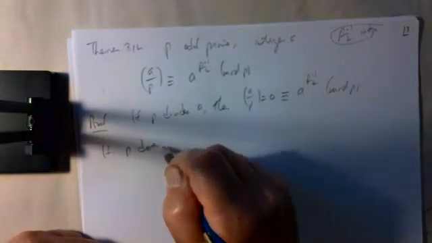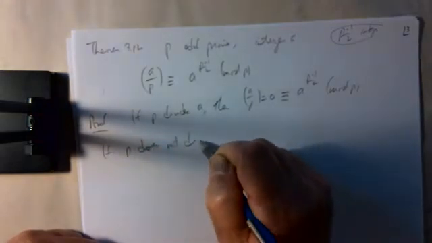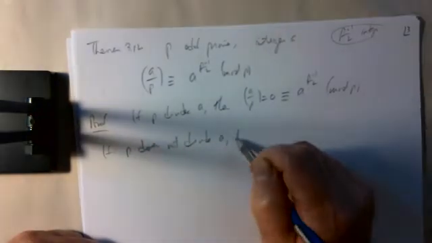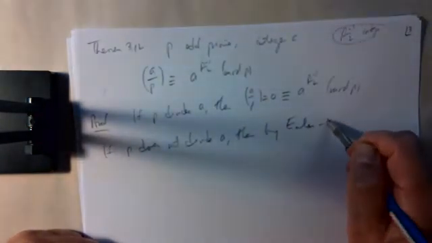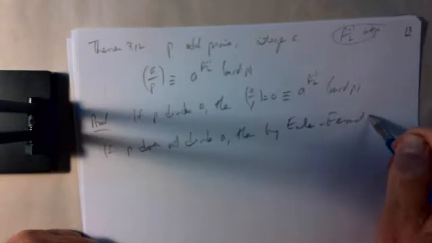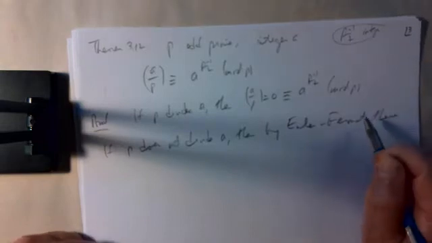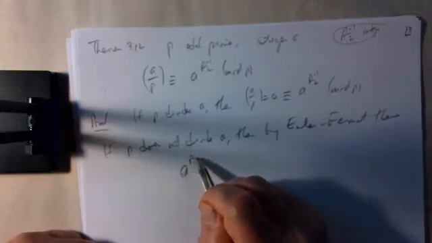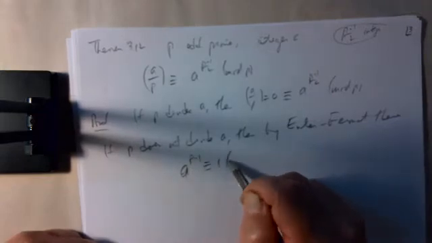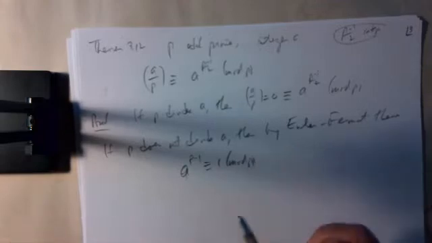If p does not divide a, then by the Euler-Fermat theorem, a to the p minus 1 is congruent to 1 mod p.